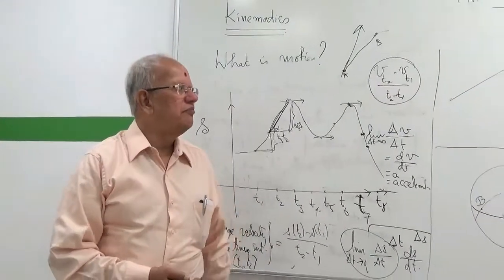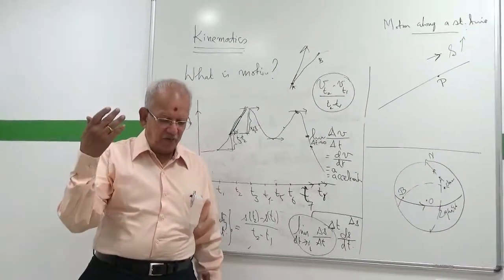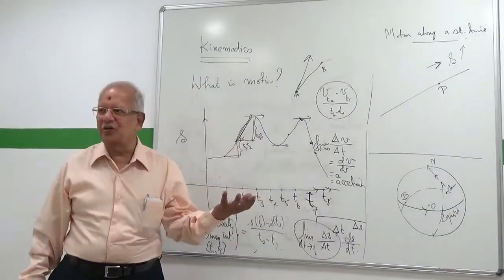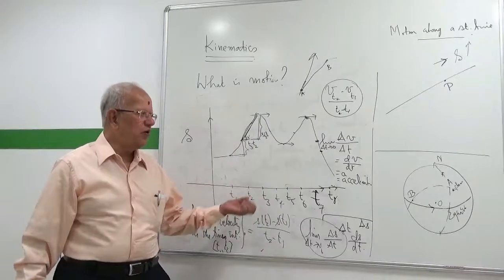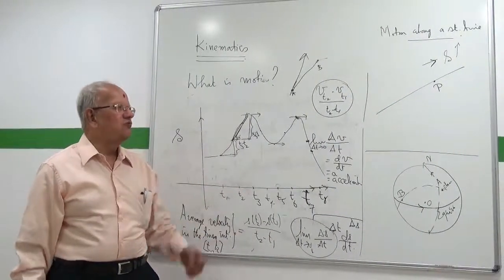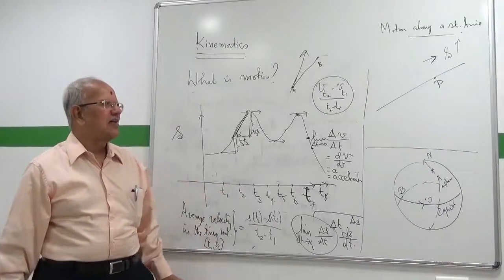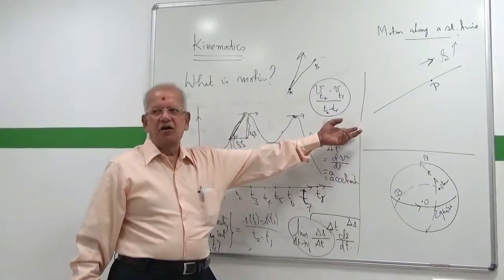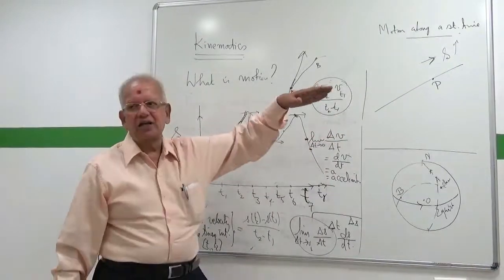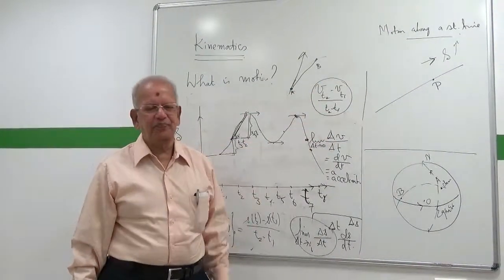In fact, even before calculus came, people could arrive at these equations. But now we have a nice tool in mathematics, calculus, so we will use calculus and derive the equations of motion for a particle moving on a straight line with constant acceleration.